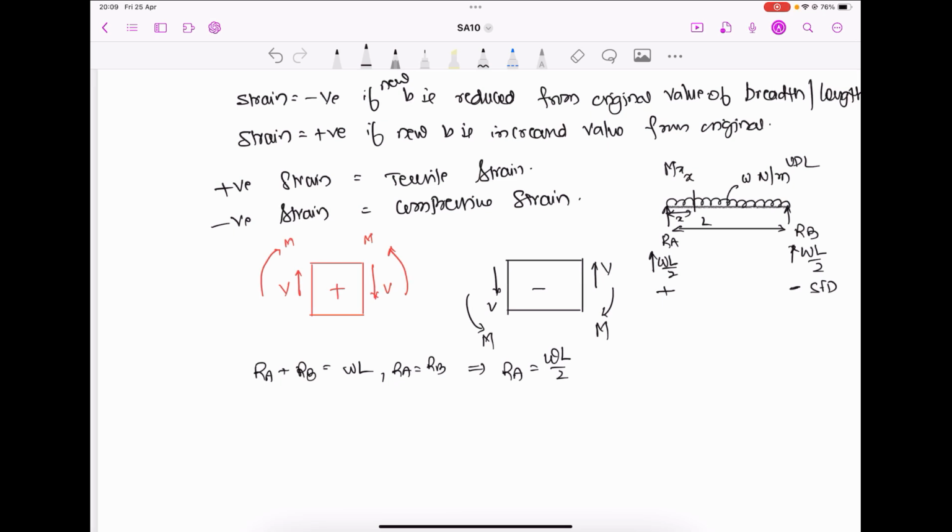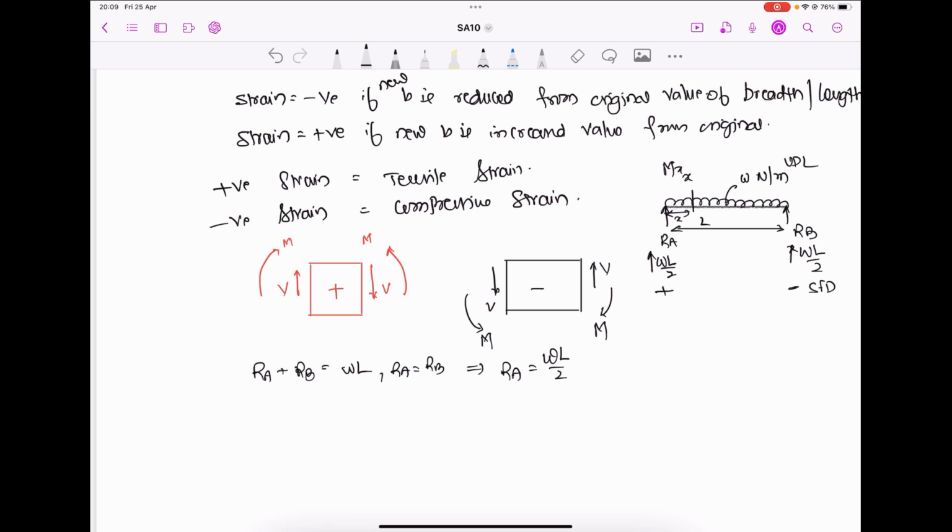That means here the bending moment is positive because it is acting like this. Mx is acting like this, and RB is also acting like this, upwards. That means here also it is plus, that is BMD.